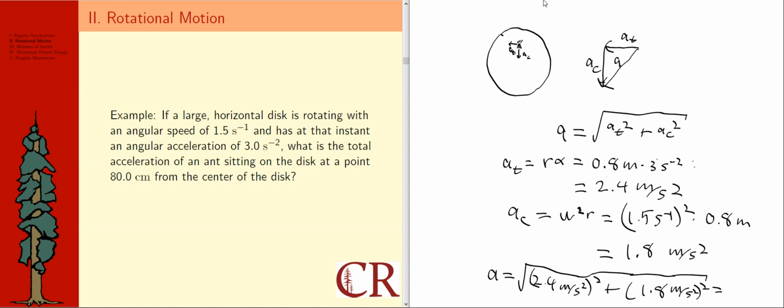My calculator does short work of that and gets me the nice simple answer of 3. Isn't that remarkable that that turned out to be 3 meters per second squared? Maybe I should have made it 3.0 to get the sig figs correct, but there's the answer, so it checks out.